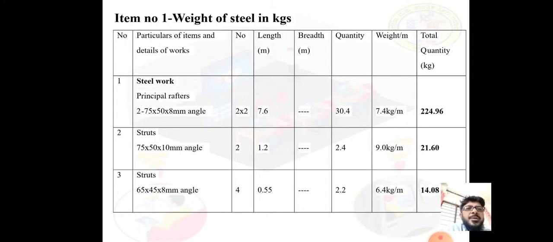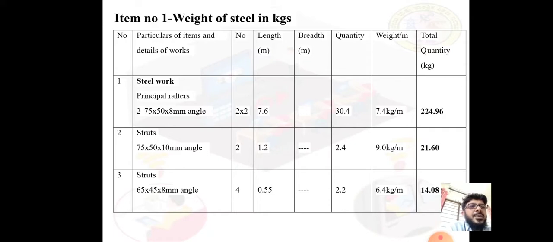Now come to the third one, again strut. Here section is 65 into 45 into 8, these are angle sections. Total 4 numbers, 2 numbers either side, and length mentioned as 0.55. If you refer to number 3 in the drawing, you will get the length 0.55.